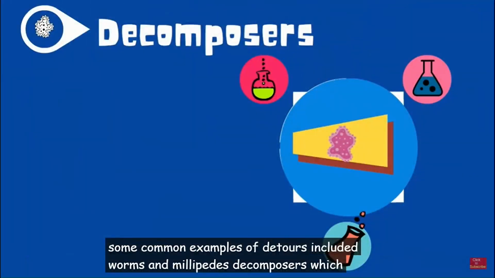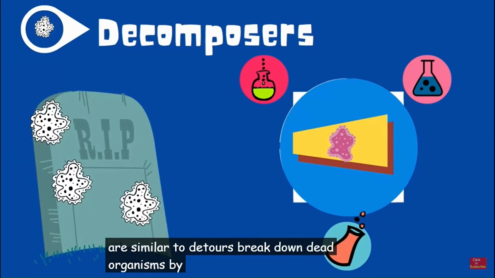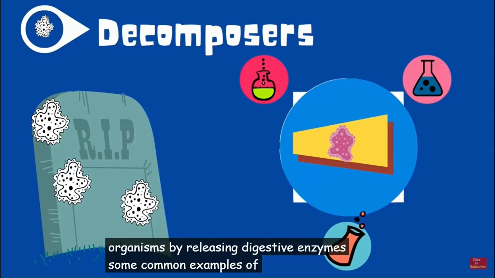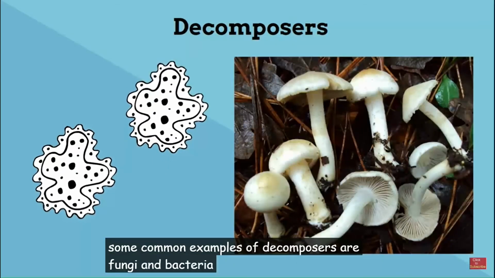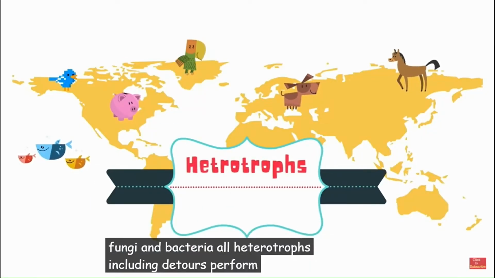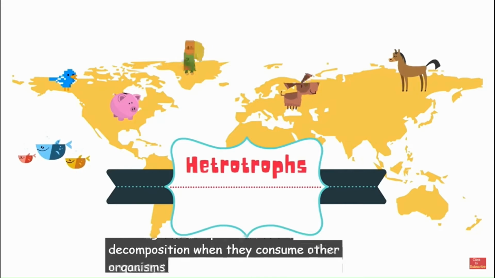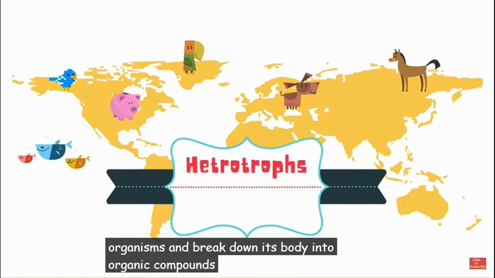Decomposers, which are similar to detritivores, break down dead organisms by releasing digestive enzymes. Some common examples of decomposers are fungi and bacteria. All heterotrophs, including detritivores, perform some decomposition when they consume other organisms and break down its body into organic compounds.